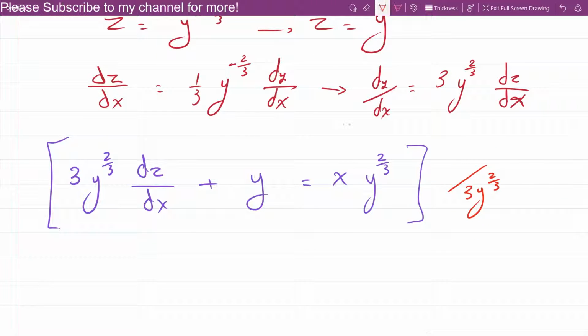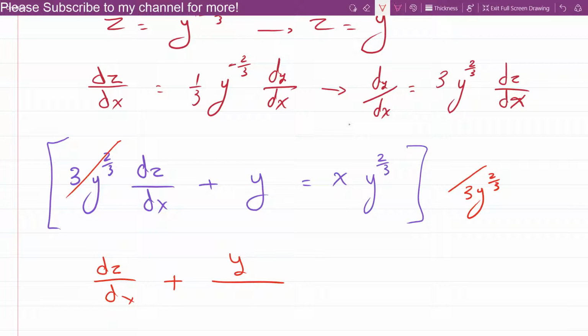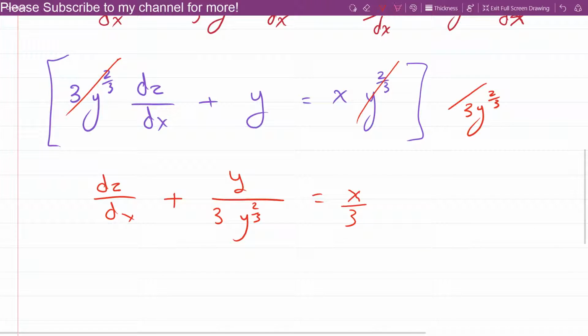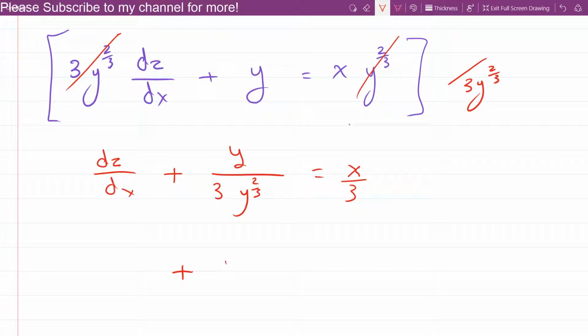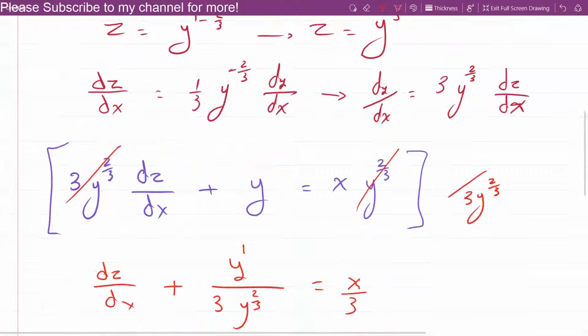And if I do that on the first term, this will cancel out and I get dz over dx. And if I divide y by 3y to the 2/3, the y to the 2/3 will cancel out and I will have x over 3. The middle one will become 1/3 y to the 1 divided by y to the 2/3, which is y to the 1/3, dz over dx stays the same, and 1/3 x stays the same.